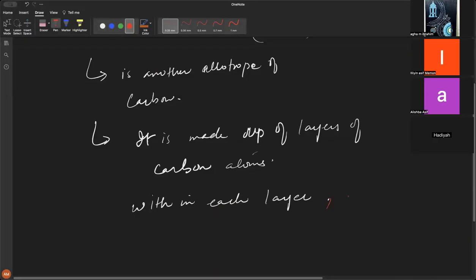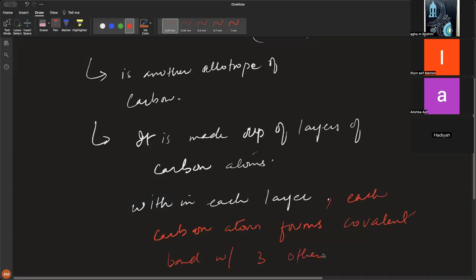Within each layer, each carbon atom forms covalent bonds with three other carbon atoms.